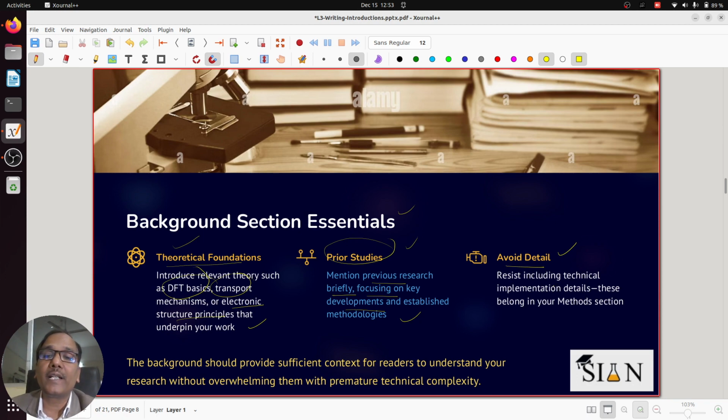Resist including technical implementation details; these belong in your method section. Do not mix the method section, or the results and discussion sections, with the introduction. We just have to focus on the four points mentioned previously. The background should provide sufficient context for readers to understand your research without overwhelming them with premature technical complexity.